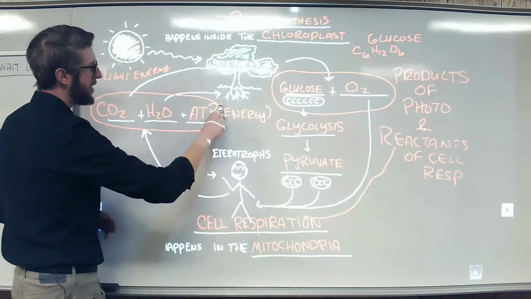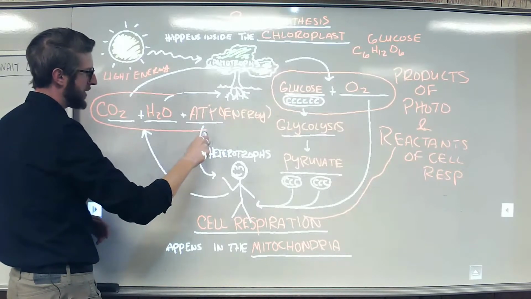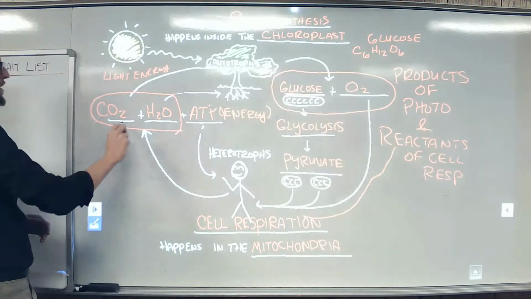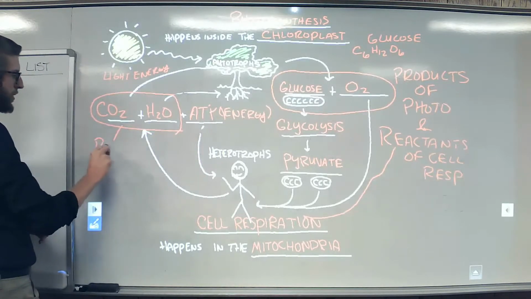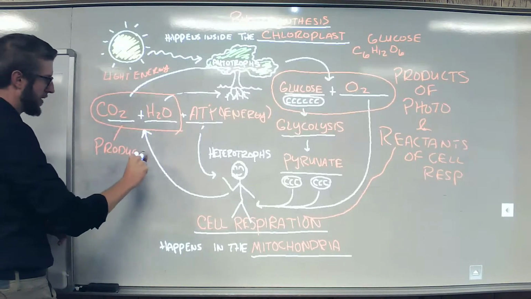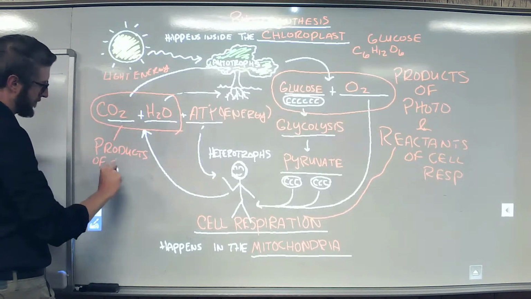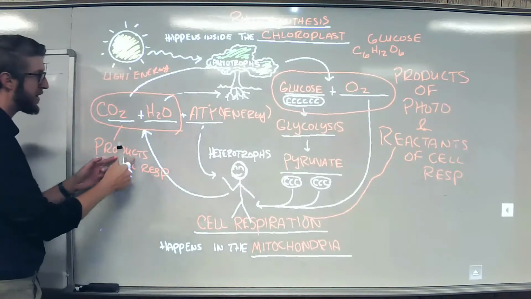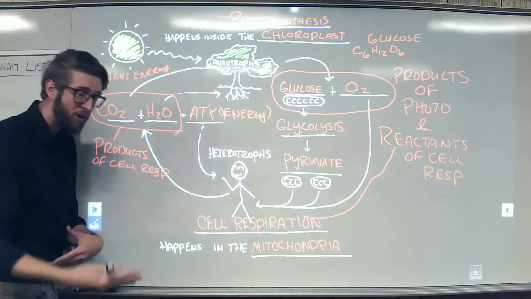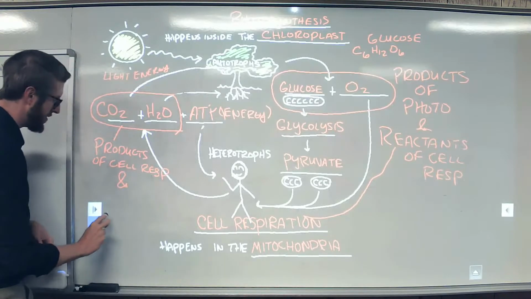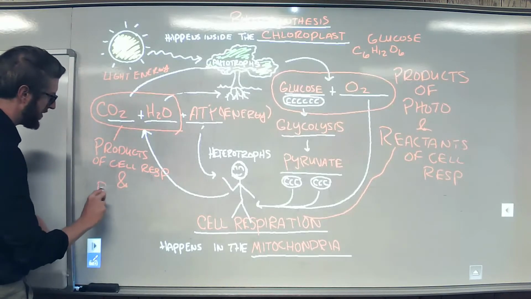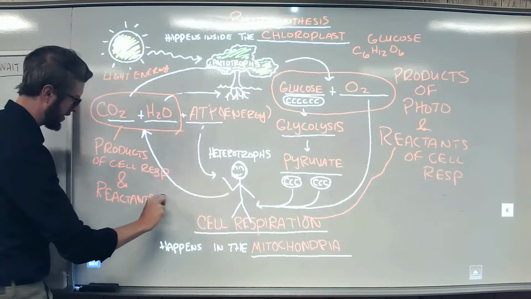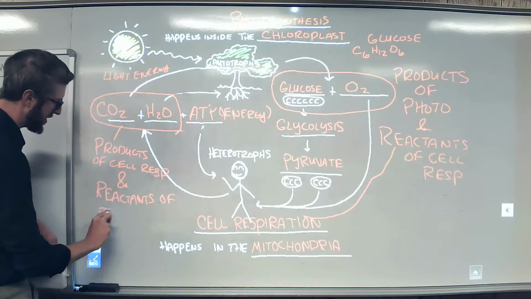Well, really, your body never releases ATP. It holds on to it, so we're not going to circle that one. We're just going to circle these two. So these two are the products of cell respiration. And the products of cell respiration are also the reactants of photosynthesis.